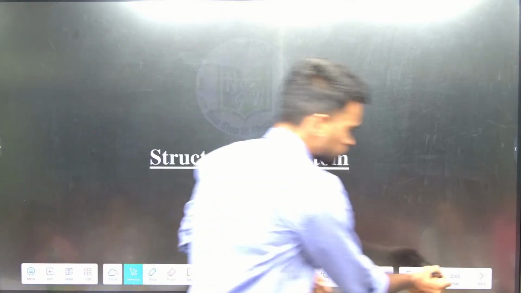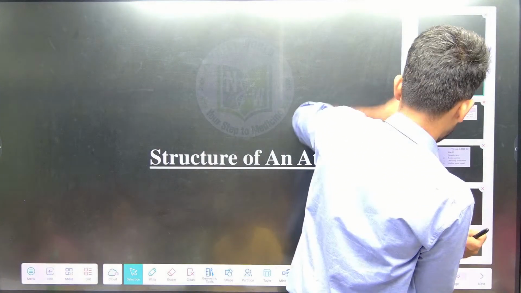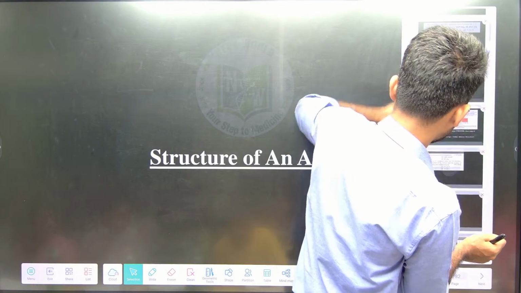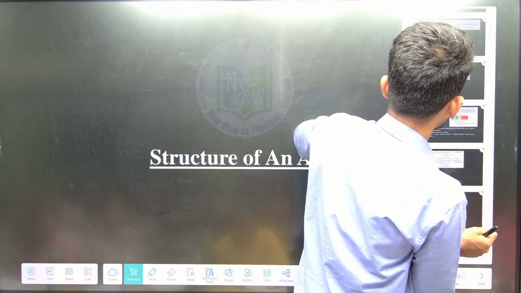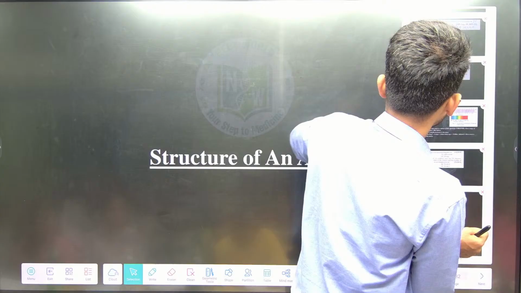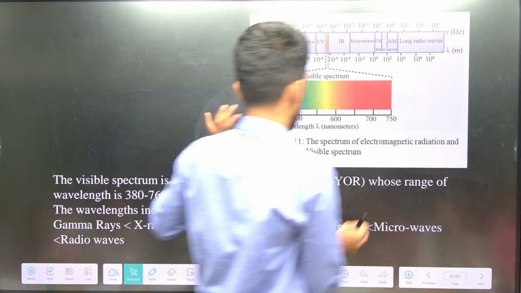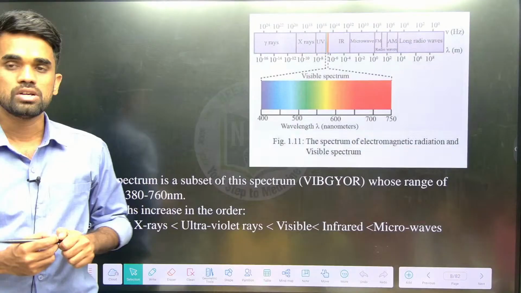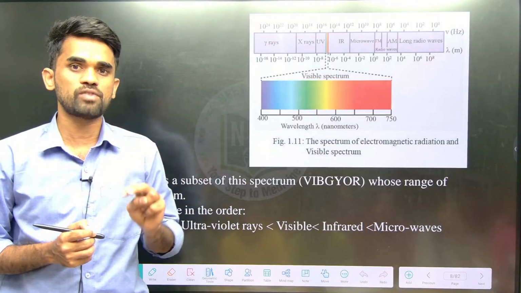Now let us have a look into it once. Electromagnetic radiation has two types of components.